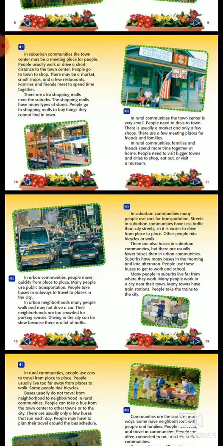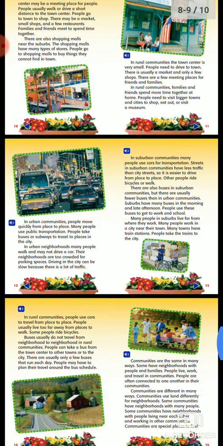Suburbs have many buses in the morning and late afternoon. People use these buses to get to work and school. Many people in suburbs live far from where they work. Many people work in a city near their town. Many towns have a train station. People take a train to the city.